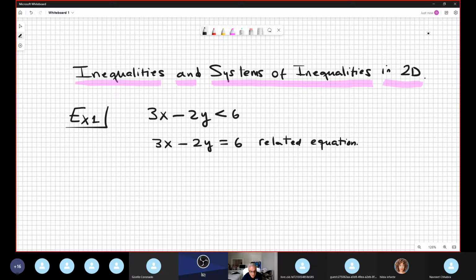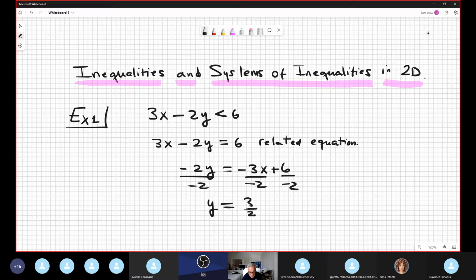How? Well, let's do it by hand. After, of course, we are using decimals. Minus 2y equal minus 3x plus 6, divided by negative 2, divided by negative 2. Y alone is equal to 3/2 x minus 3, because 6 divided by negative 2 is negative 3.